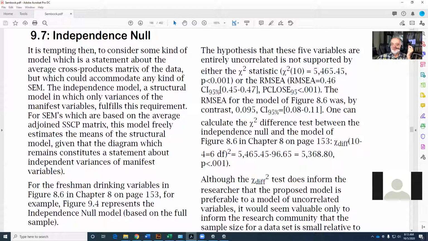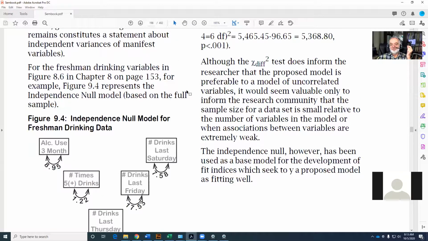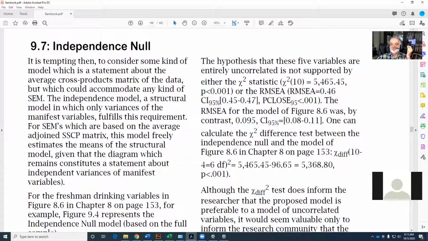So if I'm doing the independence null, I have 5 variables here. Well, how many variances and covariances do I have? 6 times 5 is 30, divided by 2 is 15. For the independence null model, I'm estimating 5 variances. So the independence model has 10 degrees of freedom associated with it. And its RMSEA is really bad.